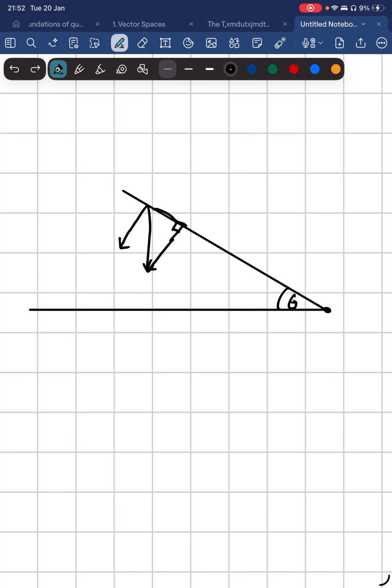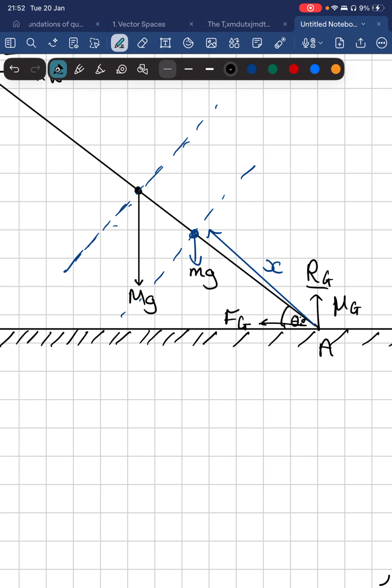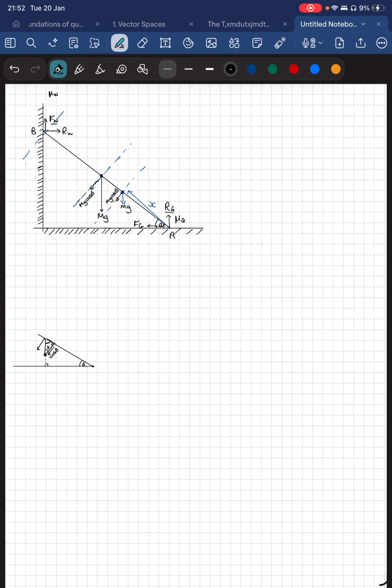Okay, using some simple geometry, because we know this angle here must be 90 minus theta to make this thing balanced, this thing must be equal to theta. So this direction along the slope is cosine theta. So for these, the component along the slope is Mg cos theta and little mg cos theta. So that's all good.